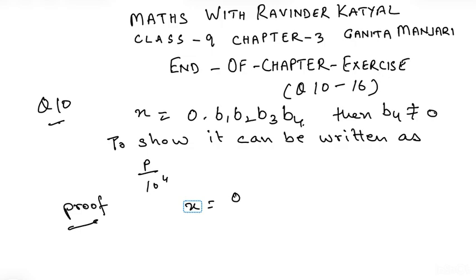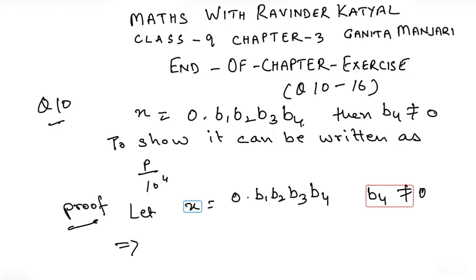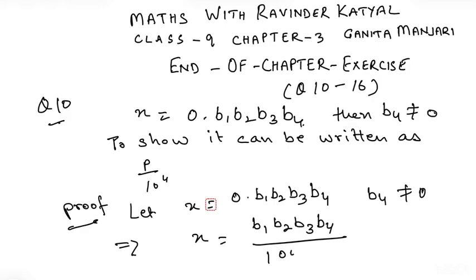x is equal to 0.b1 b2 b3 b4, let this be so, b4 is not equal to 0. This implies x is equal to b1 b2 b3 b4, I am removing the decimal, 1 with 4 zeros.